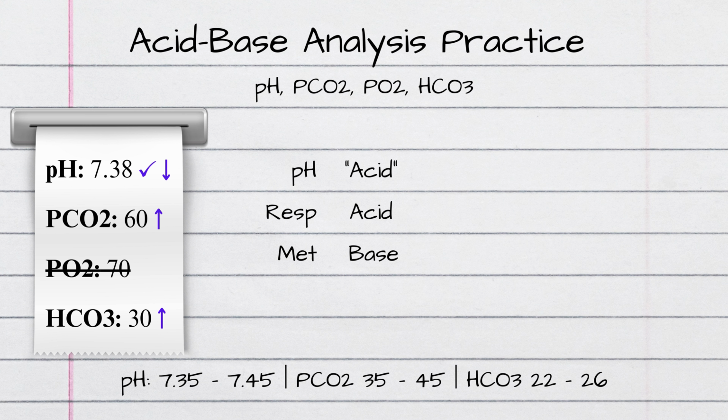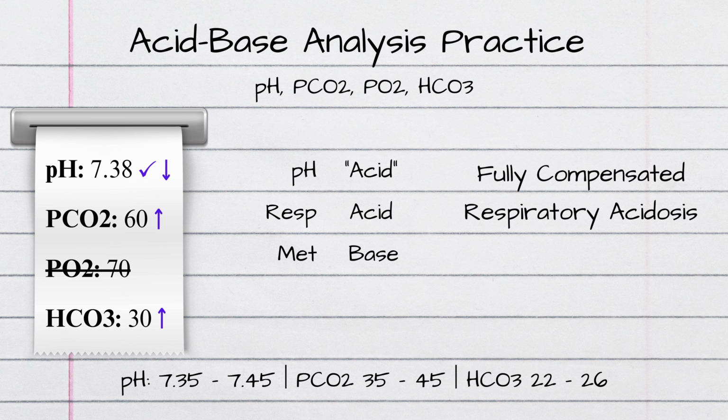So if we consider the pH to be more of an acid, now we have a match, and we can call this a respiratory acidosis. As we would hope, the body has generated the compensatory opposite process as evidenced by the elevated bicarb. Because the pH is back within the normal range, despite a primary respiratory disorder, we can call this a fully compensated respiratory acidosis.